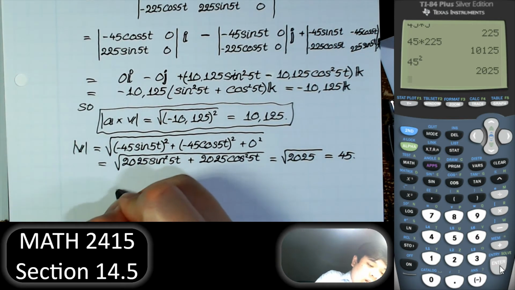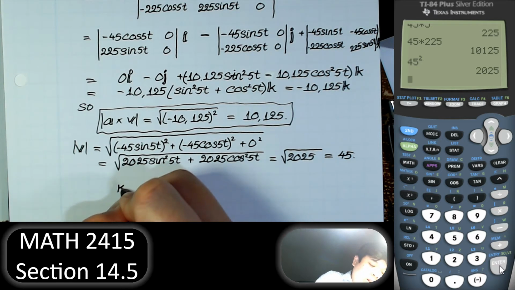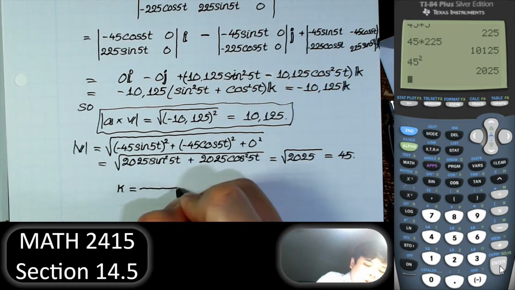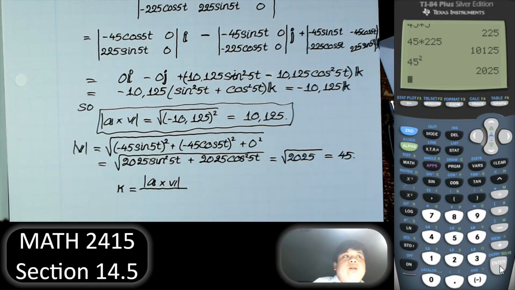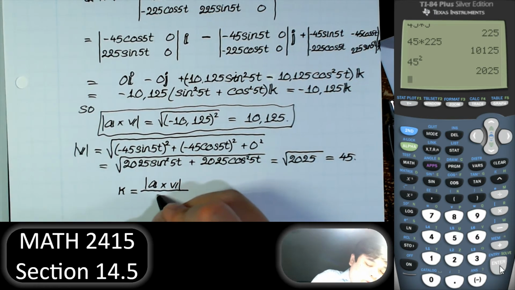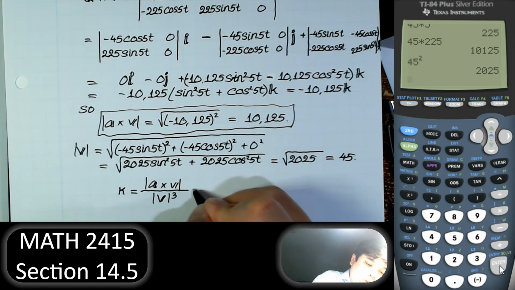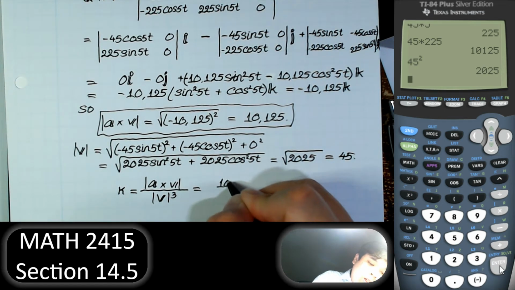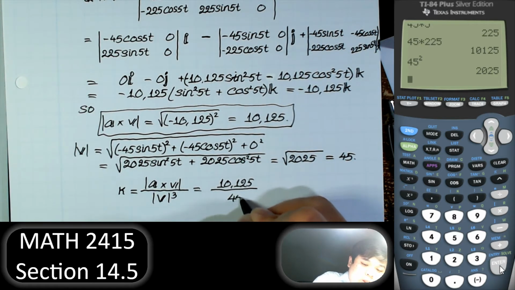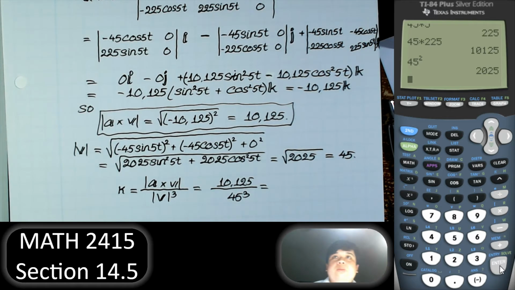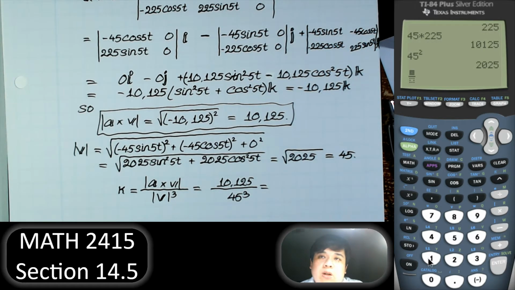And finally, the curvature kappa is equal to the magnitude of the cross product of A cross V over the magnitude of V cubed. So we have 10,125 over 45 cubed.